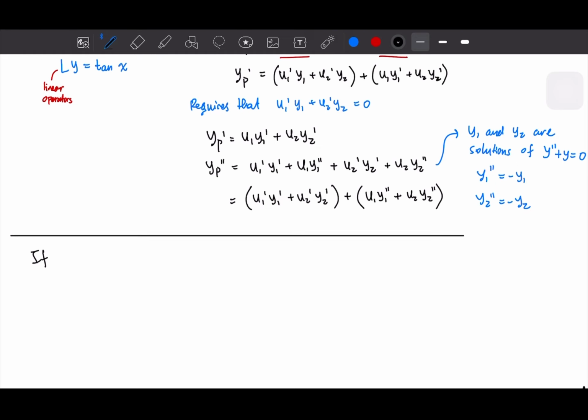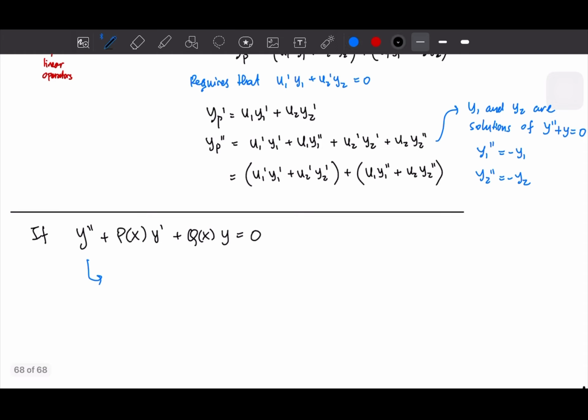If we have y double prime plus p(x) y prime plus q(x) y equals 0, from this equation we could have y1 double prime equal to negative p(x) y prime minus q(x) y.